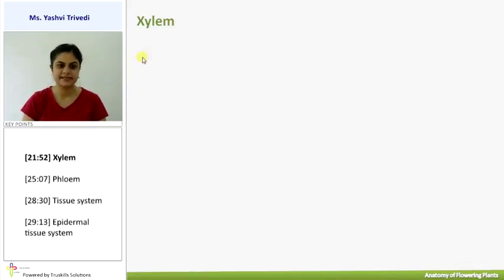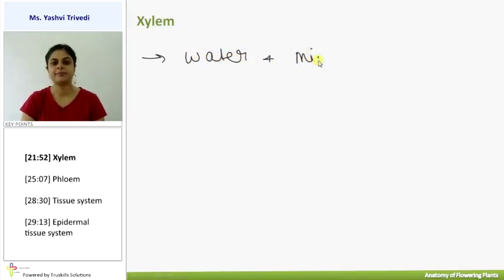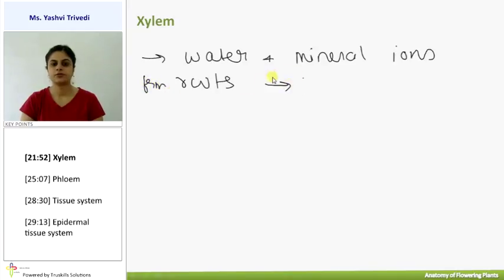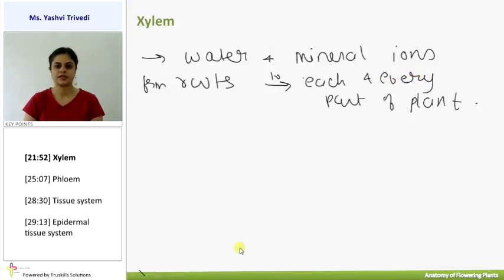Xylem is basically the part which is mainly involved for transportation of water and mineral ions in the plant, starting from root to each and every part of the plant. Okay, now the components of xylem. Now xylem is mainly having four components, that is tracheids, vessel, xylem parenchyma and xylem fibers.